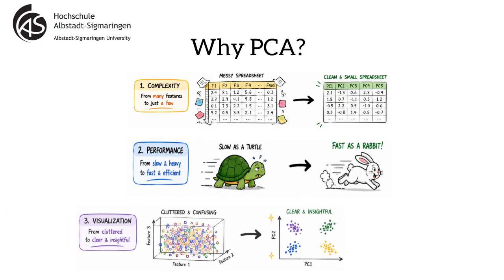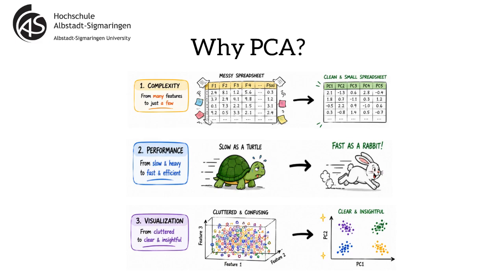And third, dimensionality reduction makes data easier to visualize and understand. Humans can easily understand 2-dimensional and 3-dimensional data, but visualizing 100 dimensions is practically impossible. Dimensionality reduction helps simplify data while preserving its important patterns, and that's where PCA comes in.